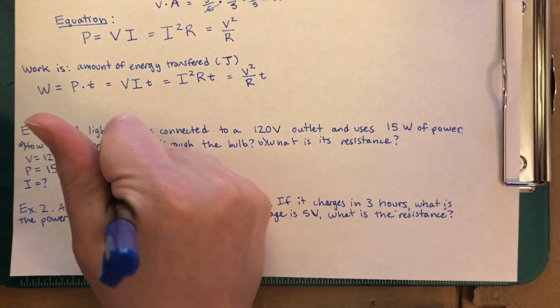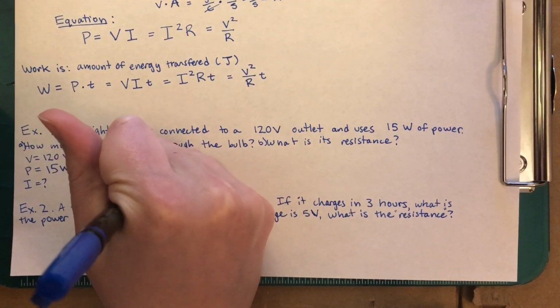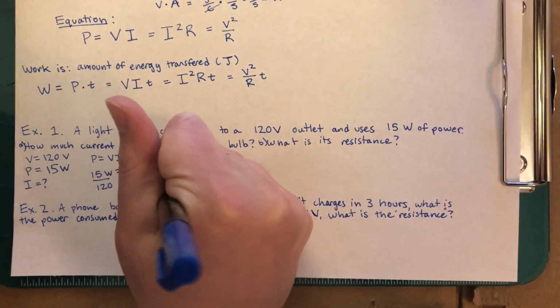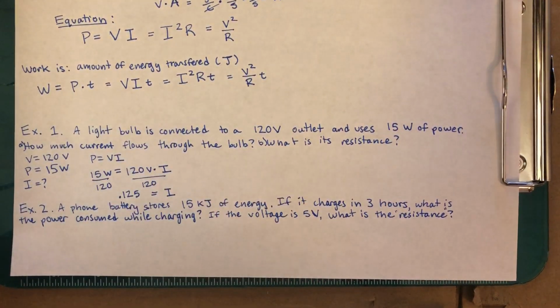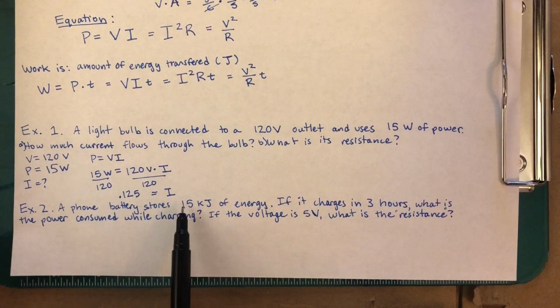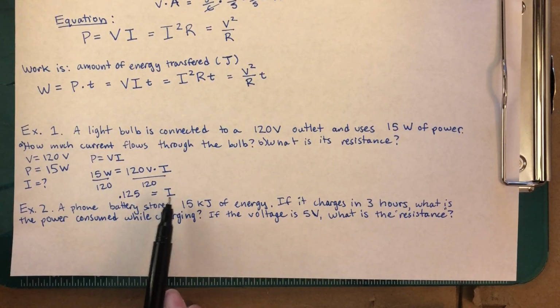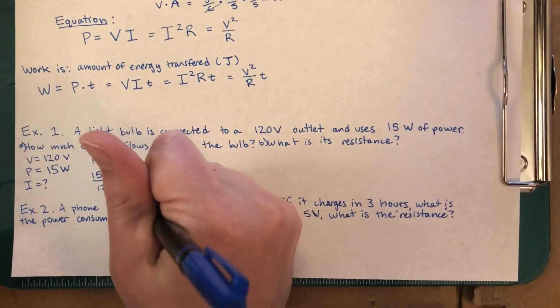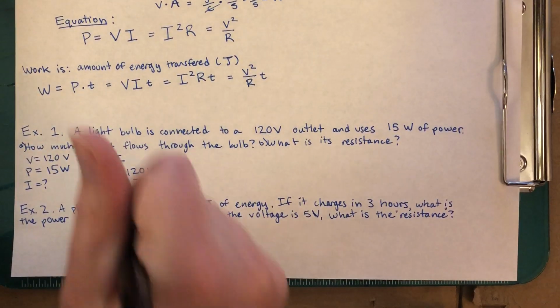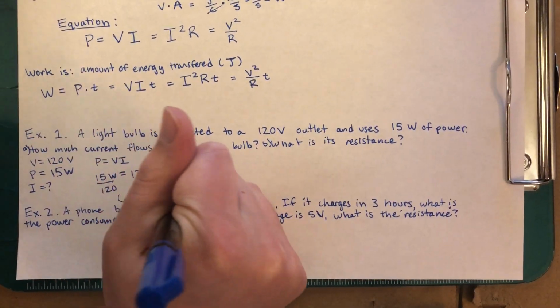And I get 0.125 equals I. It's a little hard to figure out the units from your actual calculations here, but because our answer is the current, that means that the units are amps. So this is the answer.